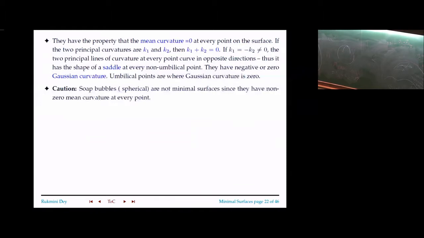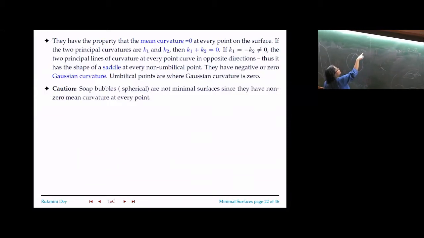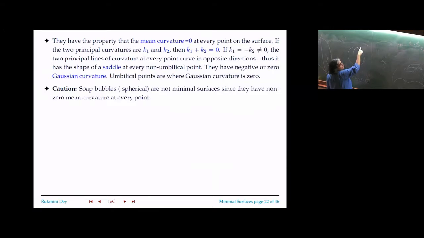Soap bubbles, for instance, are not minimal surfaces. Why? So K1 plus K2 for a sphere is not 0. In fact, it's a positive number. It depends on your convention, but it's a positive number.